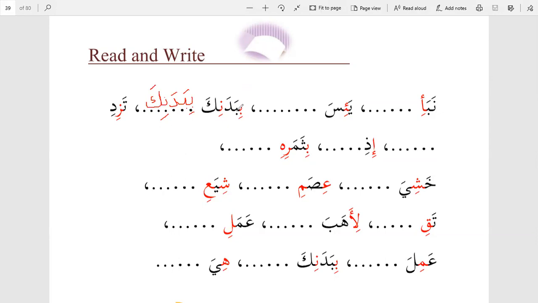So this is B, ba, da, ni, ka. So for the rest, I'll leave them to you. If you're interested to write them down, you can write them down at home, but we're going to focus on reading more. So we're going to read together the rest of the words.